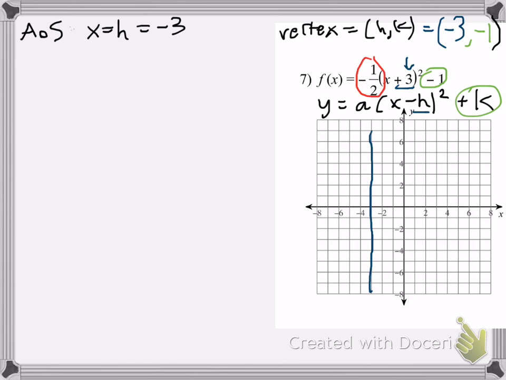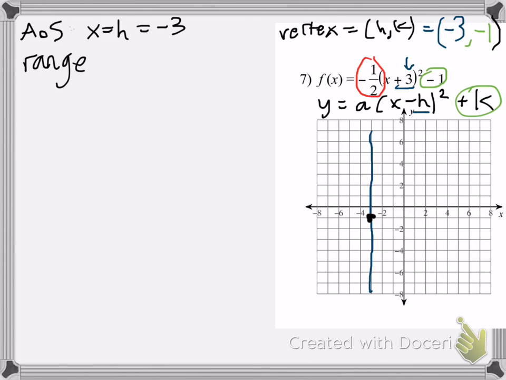Next part of this homework is it wants you to figure out the range of your parabola. So remember, the range is all of my y values. And this is where a comes in, because the range is going to depend on both a and k. If I put my vertex negative 3 comma negative 1 on the graph, I'll make this big black point here.